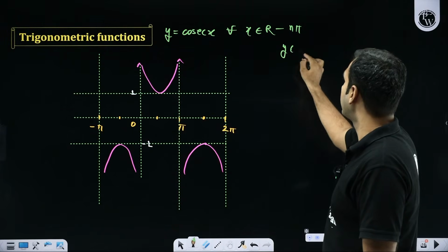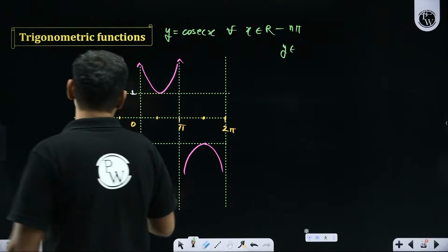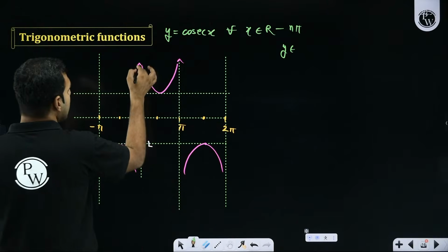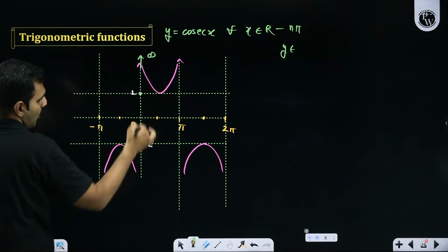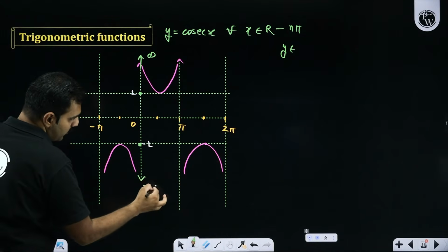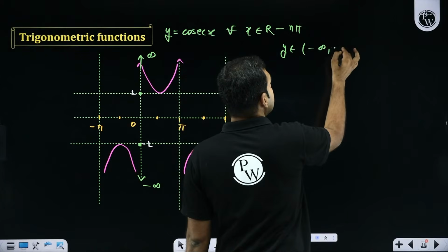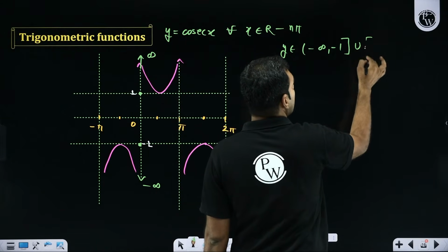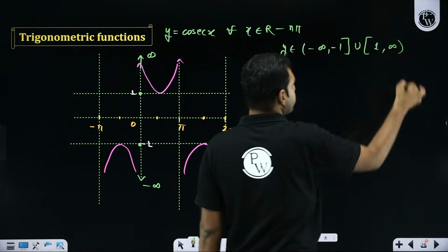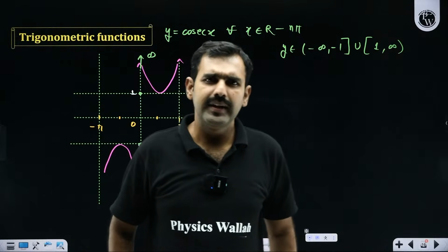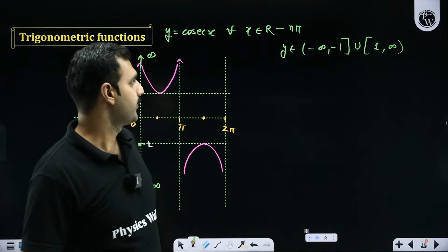It is either absolutely above 1 or absolutely below minus 1. So don't you think the range this time will be minus infinity to minus 1 or 1 to infinity? Everybody agrees with me on this. Yes or no?